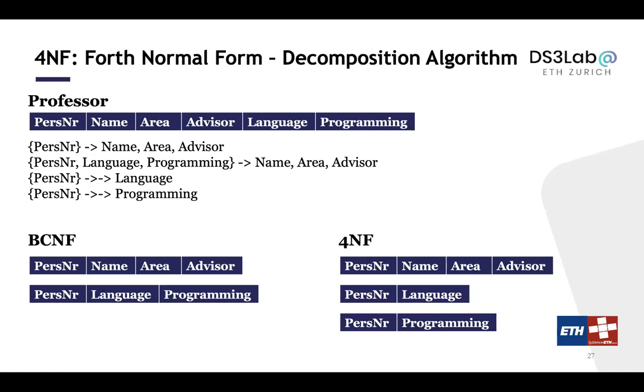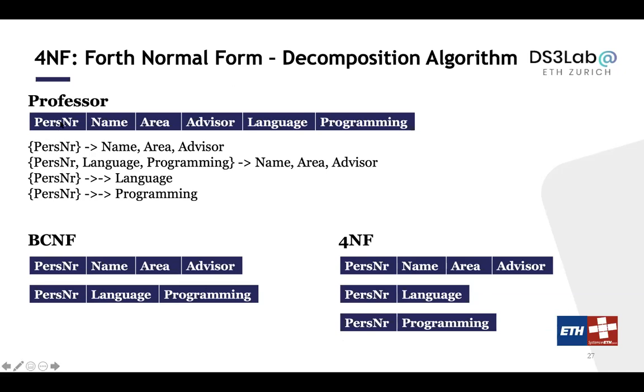So let's look at one example. Assume you have a professor table with personnel number, name, area, advisor, and programming language. Once you have this, you can try to check how to decompose it into BCNF or into fourth normal form. Whenever you do that, you end up with smaller relations.